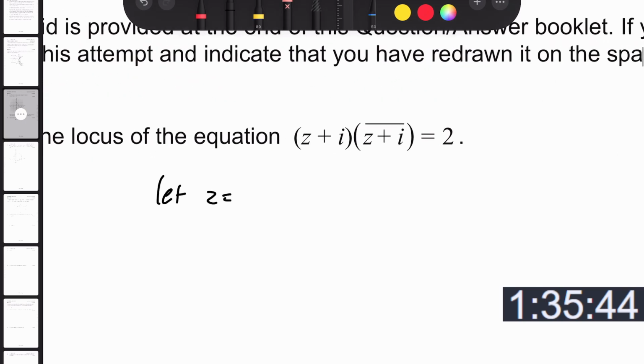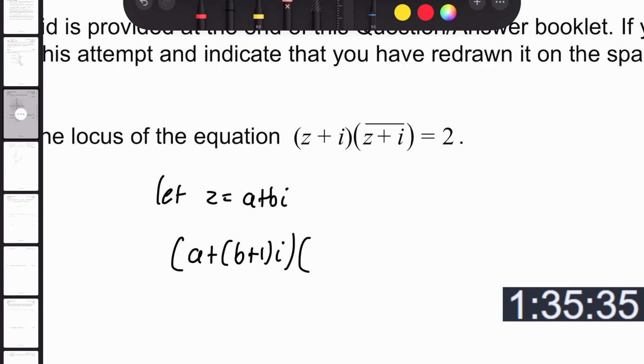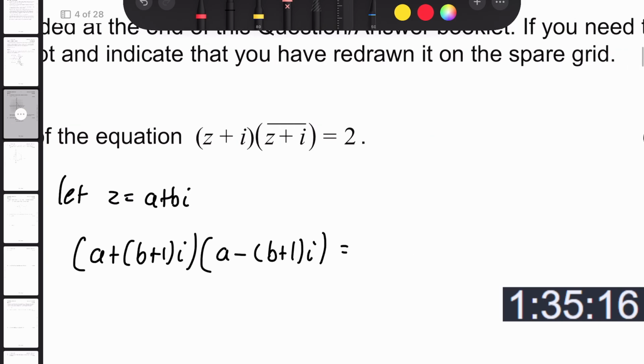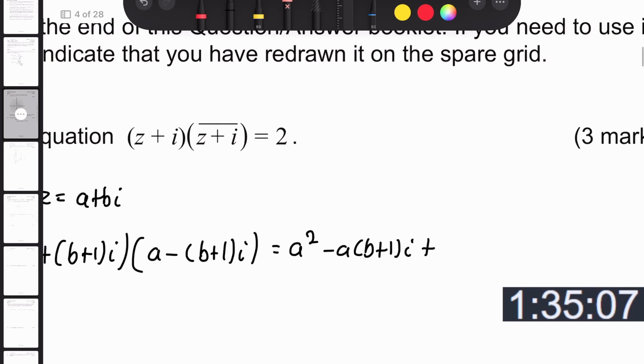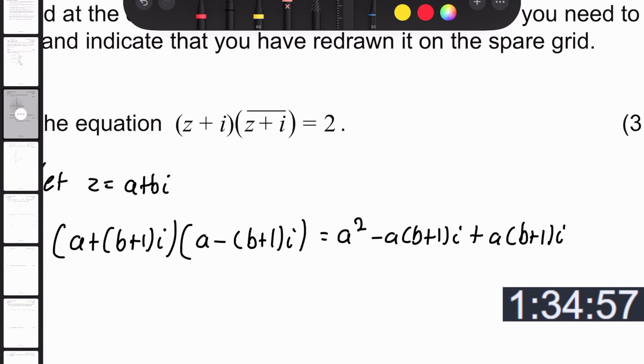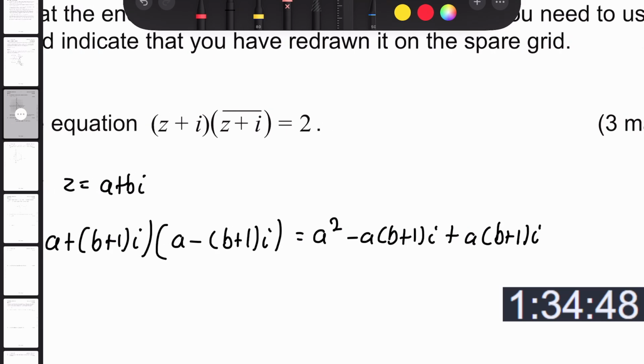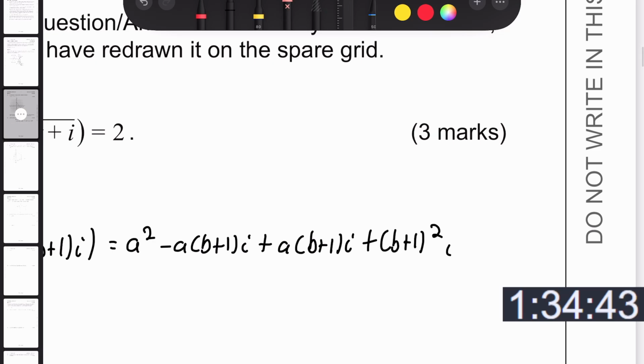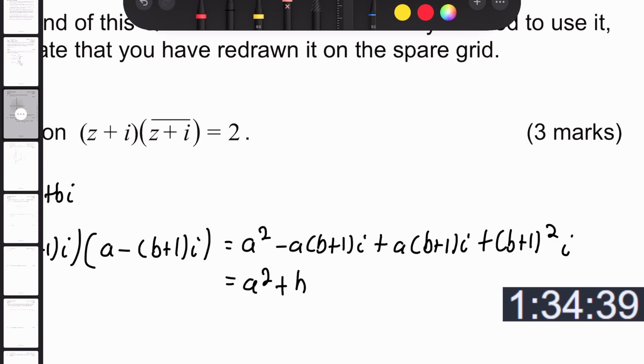So what if I say let z equal a plus bi, and this becomes a plus (b plus 1)i, times a minus (b plus 1)i, and then this is going to equal a squared minus a(b plus 1)i plus a(b plus 1)i minus (b plus 1) squared i squared. And so that's going to cancel. It's going to be a squared plus b squared.